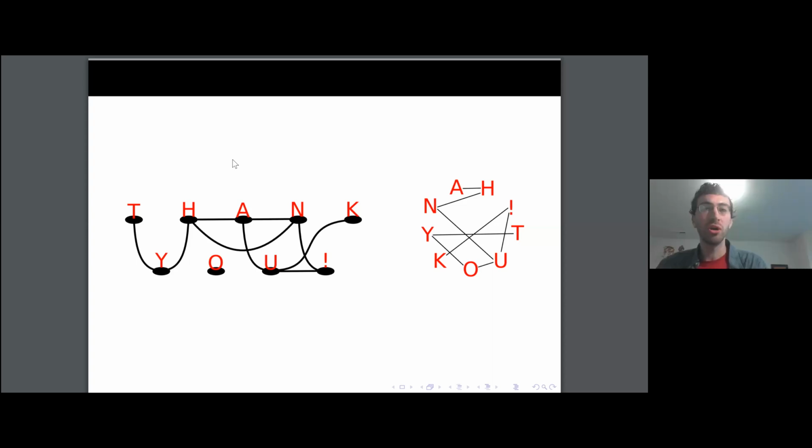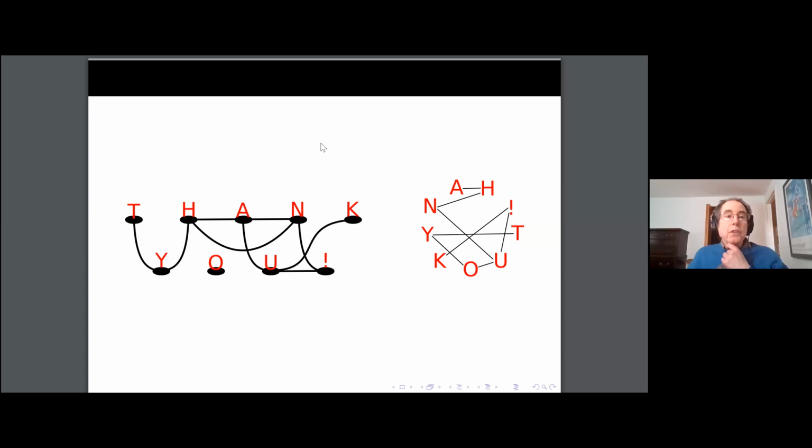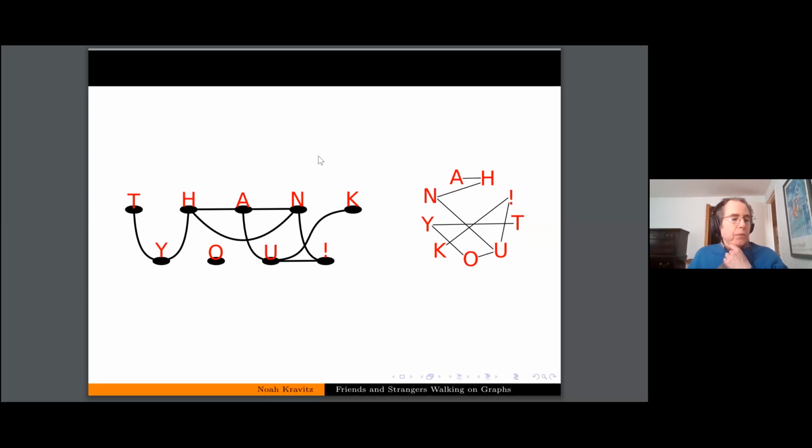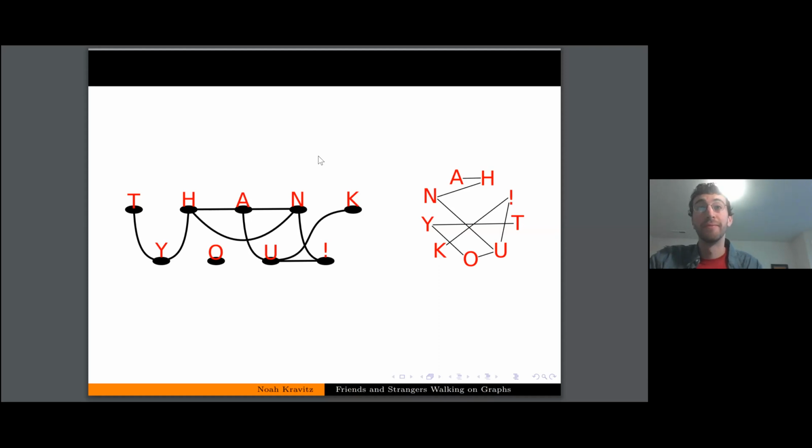I don't know. I expect these friends and strangers graphs to be pretty highly connected, because often there are a lot of disjoint friendly swaps you can do. You could do a friendly swap over here, then another one over here, and then keep going where you were before. It might be nice to quantify that, to say what the connectivity of these graphs is in general. For sure, but I have no idea.